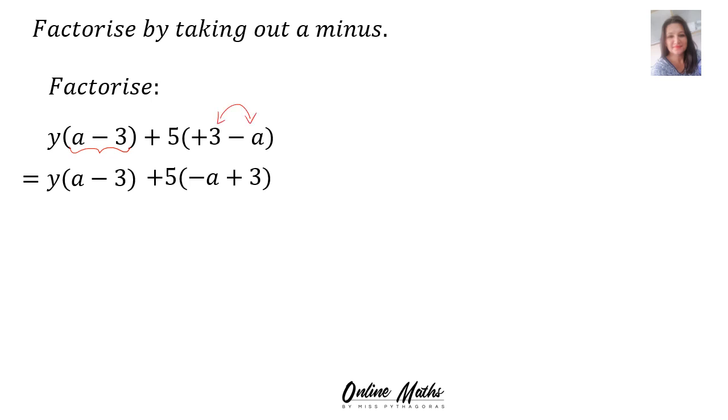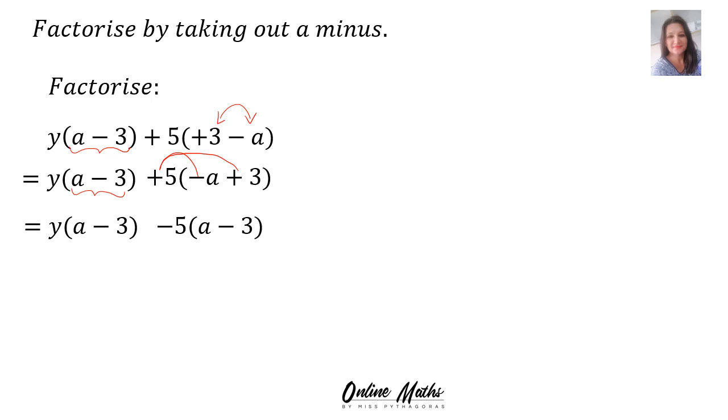Then I check. In this one it's positive a minus 3, and now here it's still wrong, minus a plus 3. So this is where I am going to pull out a negative as a common factor. And when I take out the negative, the plus 5 sign changes into negative 5, and then the minus from the a becomes a plus, and the plus from the 3 becomes a negative.